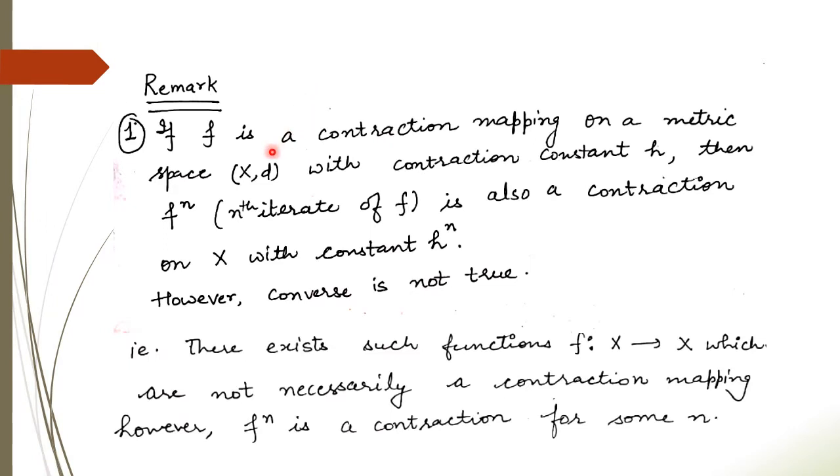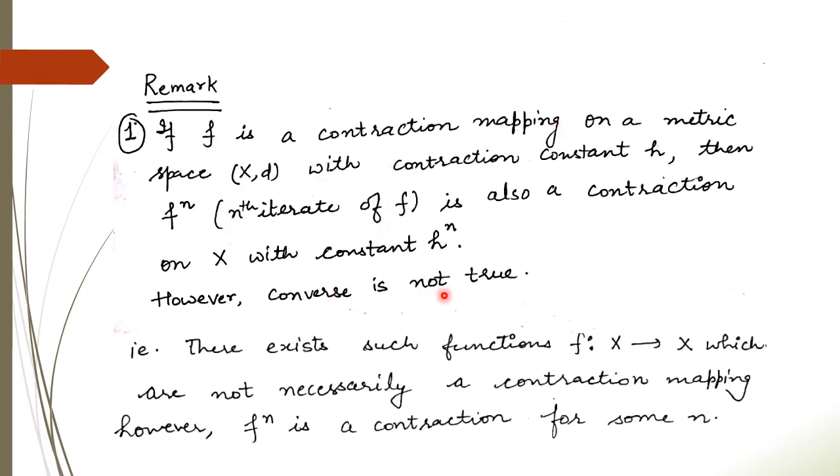Now the first remark: if f is a contraction mapping on a metric space (X, d) with some contraction constant h, then the nth iterate of f is also a contraction mapping with constant h to the power n. Once again, whenever f is a contraction mapping, then f to the power n, which is the nth iterate of f, is also a contraction.